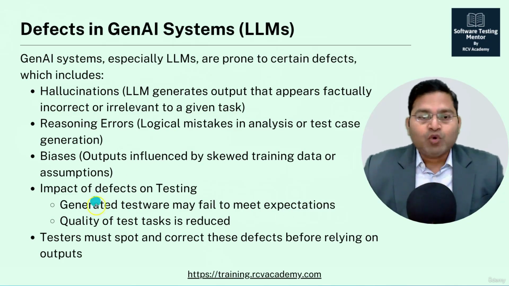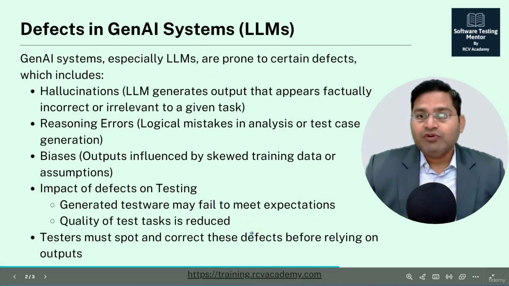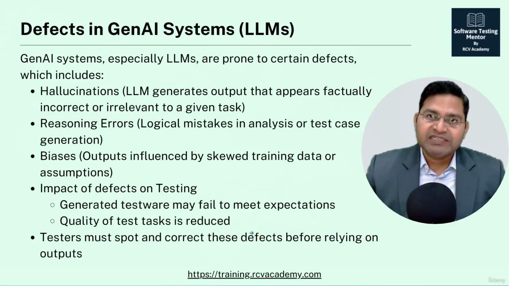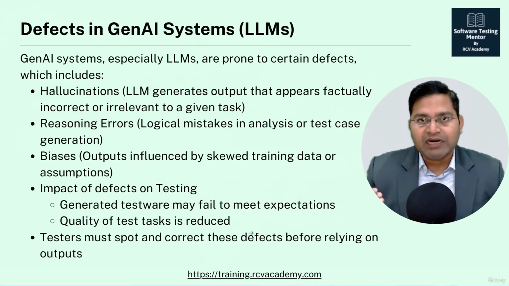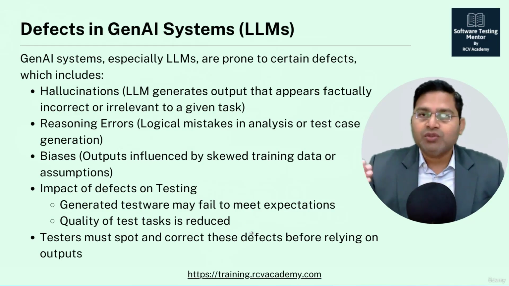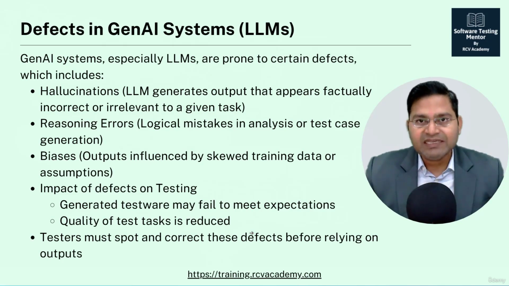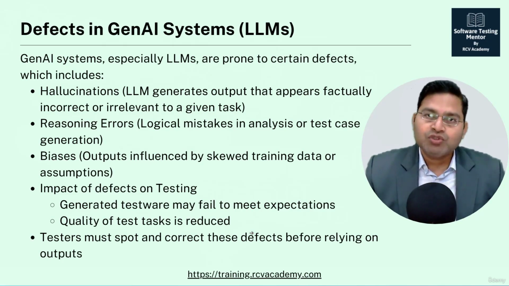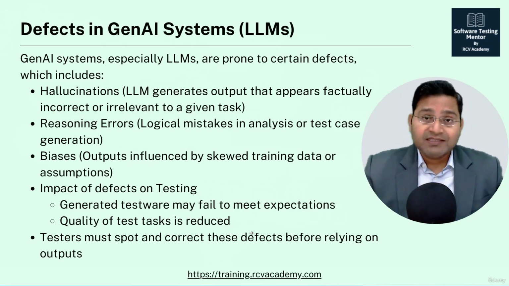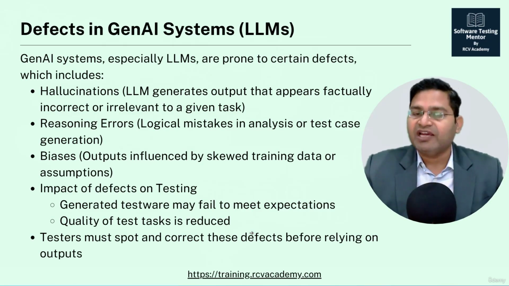The quality of the testware is reduced if you have these defects. So you can't go ahead and straight away use those responses in your project. You have to work a lot on those responses, and in that case it's better to use your own intelligence to create the testware rather than relying on faulty large language models.